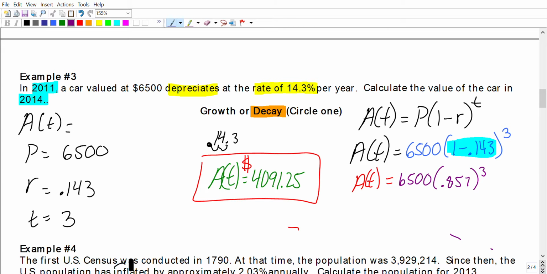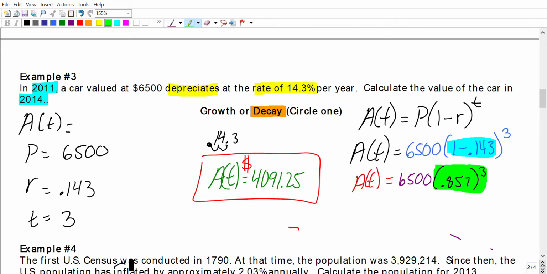Now all I'm doing here is following our rules from PEMDAS, guys. I did parentheses. Next, I move to my exponent, so I have to raise this in my calculator. You should be able to put that in your calculator. Let's see what we get. 0.857 raised to the third.